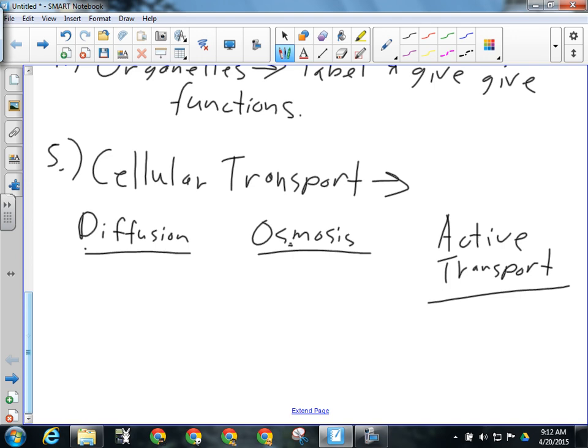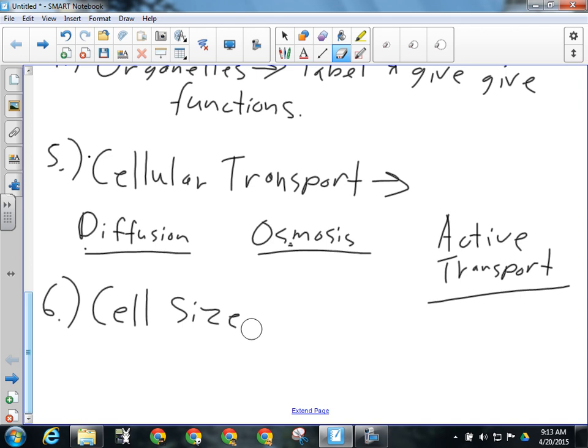So definitely a fair amount of marks to do with cellular transport. And there could also be some integration there with this next topic, which is cell size and function.